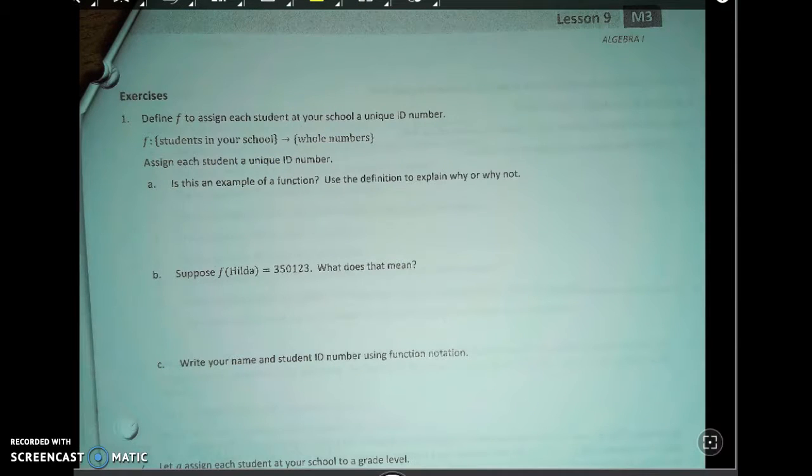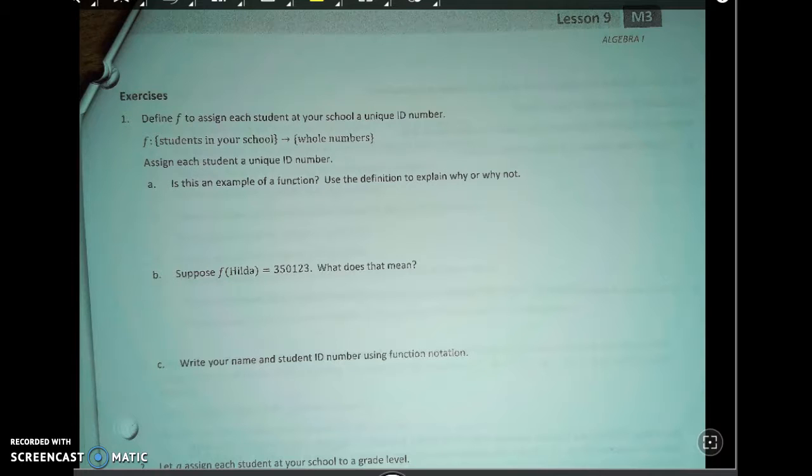So on the next exercise, I want us to think about if this is a function or not. Example exercise 1 says define f to assign each student at your school a unique ID number. Okay, so if you have all your students in the school and all whole numbers, you assign each student a unique ID.